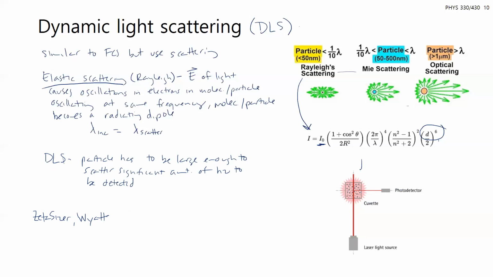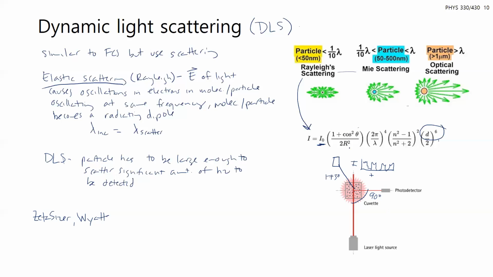You're then going to collect some intensity versus time of the scattered light, and you're going to see these fluctuations based on the particle size and its diffusion. Since you only want to detect the scattered light, oftentimes you have this 90-degree setup, or more recently, you can have something where your detector will be 170 degrees.